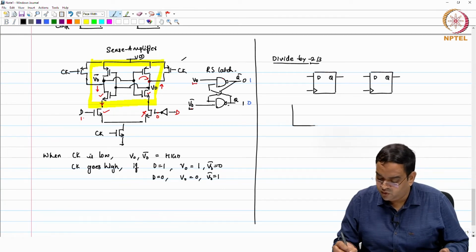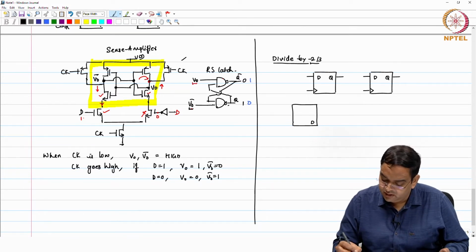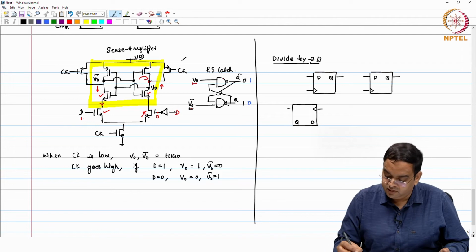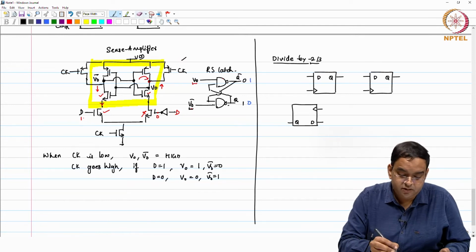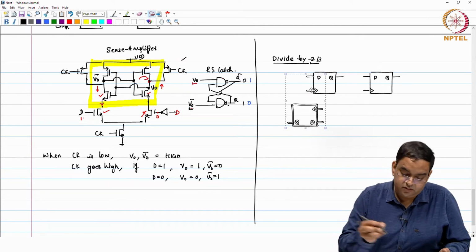Similarly, you have another latch with D, Q and clock, and this will come at the output like this. There is nothing Q bar here.